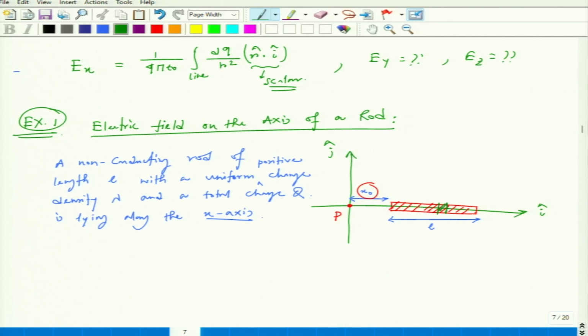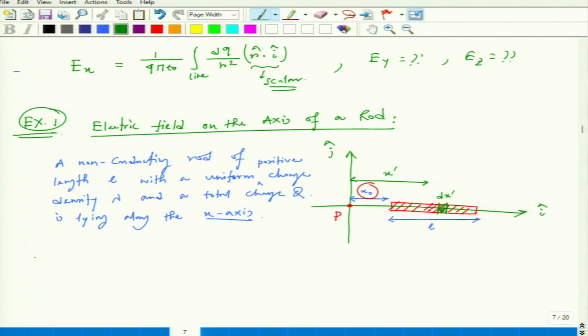So let us consider a small element of length dx prime at a distance x prime.